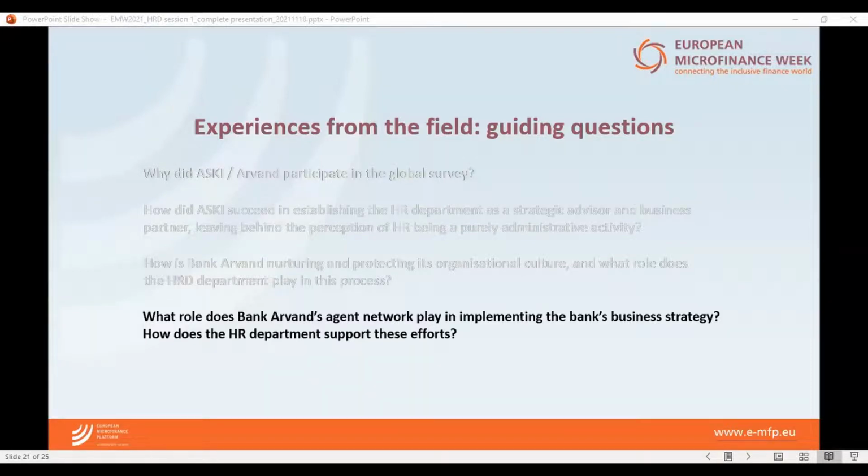In order to properly present Bank Arvand, they are actively involved with the local managers. They are trained, advised, and guided.